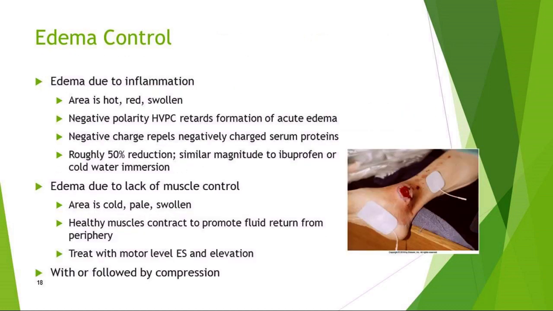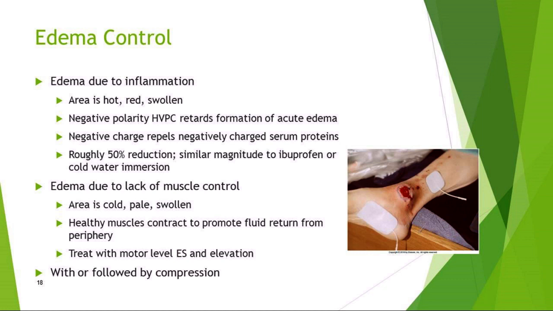Edema due to inflammation: the area is hot, red, and swollen. Sometimes you can use negative polarity, high voltage pulse current to treat that. Usually this is done in a wound care setting, and it's effective. It works.